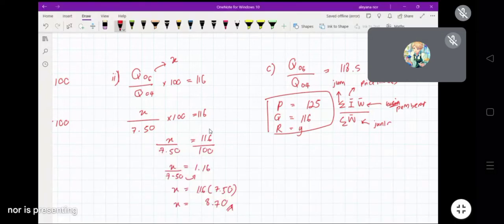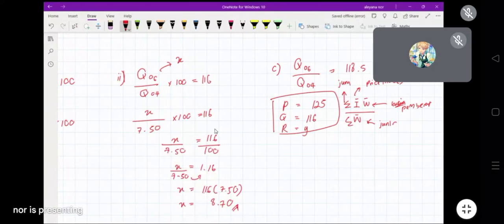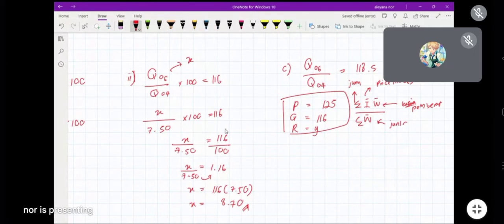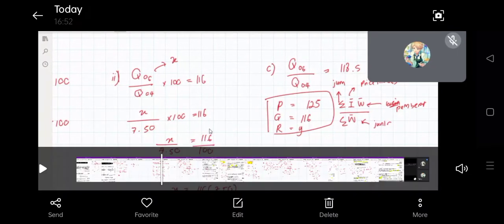What you're going to do afterwards is here. As I said just now, Q 2006 per 2004 equals 118.5. And based on your jadwal, the price index for 2006 based on 2004: P equals 125, Q equals 116, R equals Y. So this is the formula for your index perubahan.